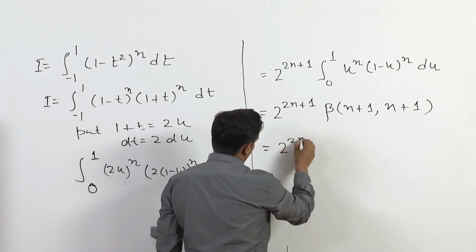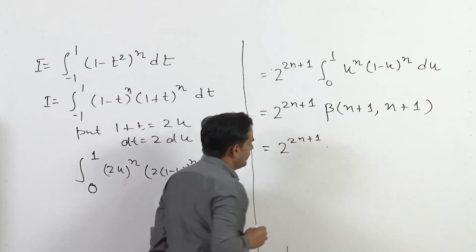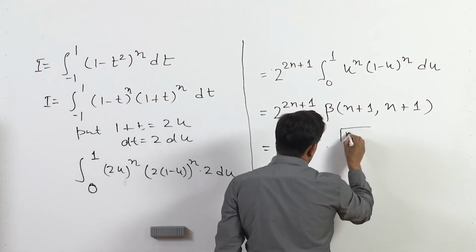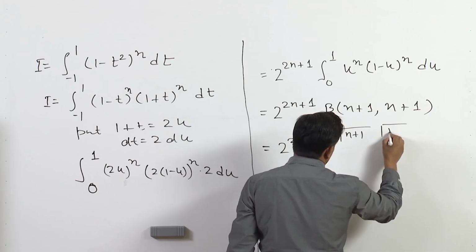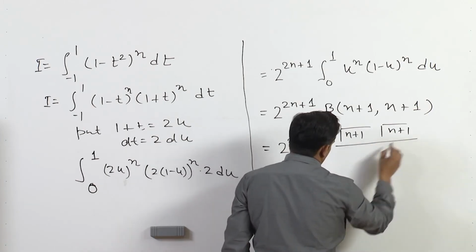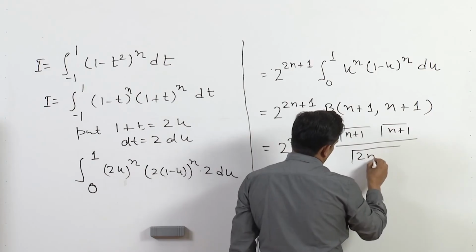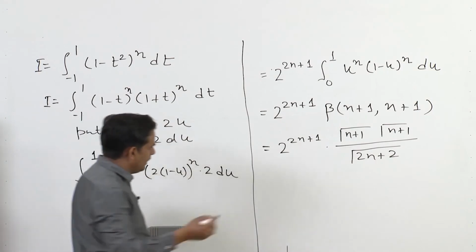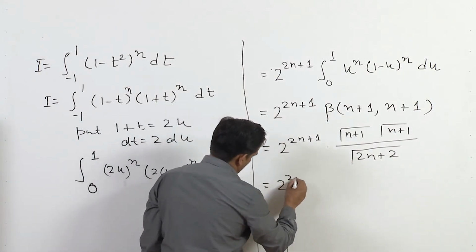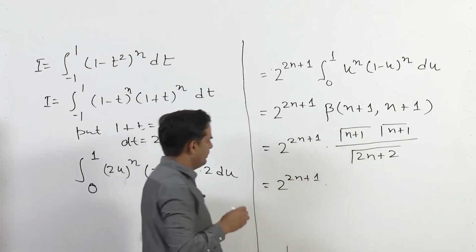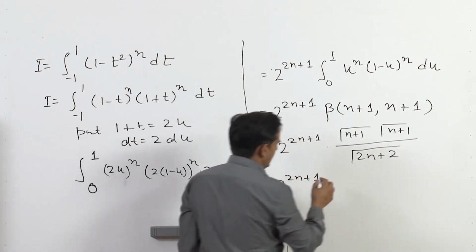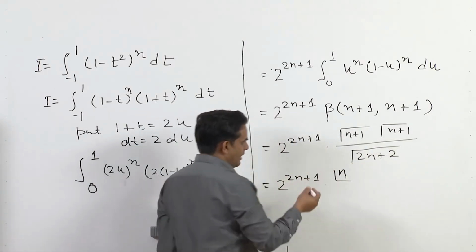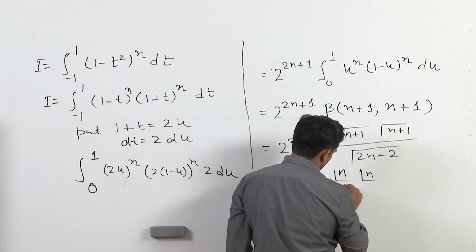So, 2 raised to power 2n plus 1, we know the relation between beta and gamma function. So, I can write it as gamma n plus 1 upon gamma 2n plus 2. Let us make more simplification in it. 2 raised to power 2n plus 1, gamma n plus 1 is factorial n, because n is a positive integer, gamma n plus 1 is again factorial n.